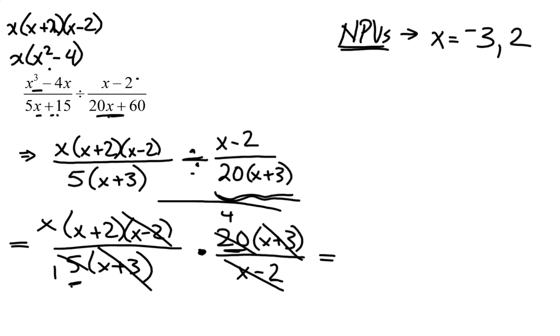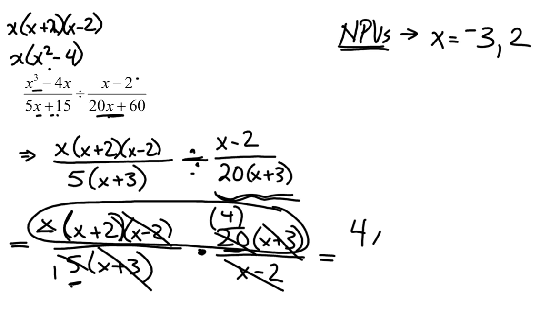So to multiply, I multiply my numerators. All I'm left with is an x times x plus 2 times the 4. Well, 4 times x leaves me with a 4x times x plus 2 for my numerator. My denominator, everything canceled except 1. And the denominator of 1 does what?